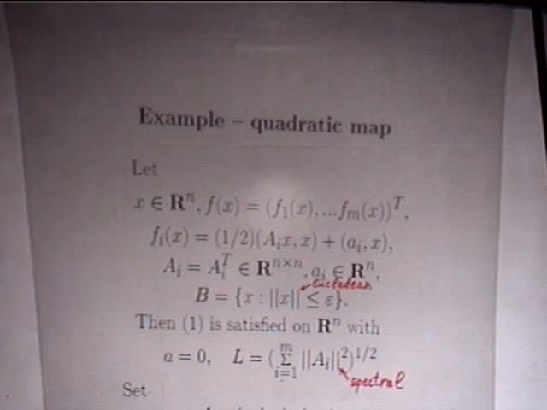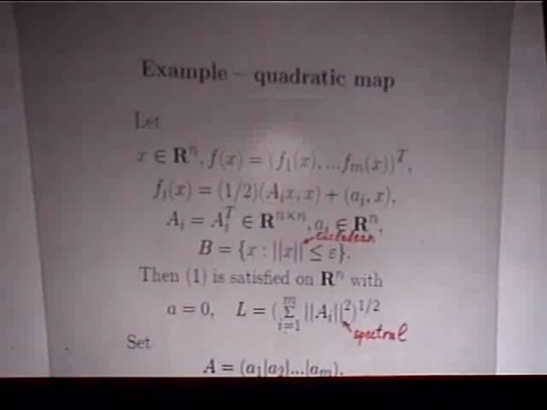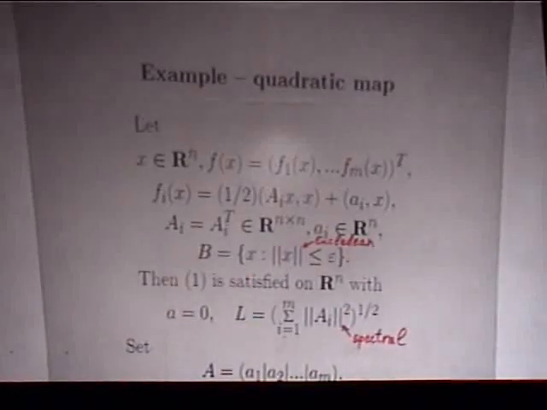Okay, so let's look at some simple examples. The first are quadratic maps. Let's deal with a finite dimensional Euclidean space, and we have m scalar quadratic functions.